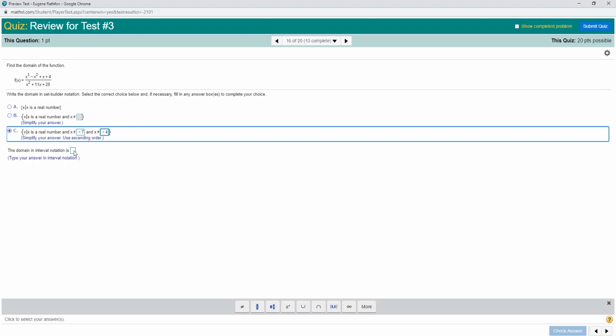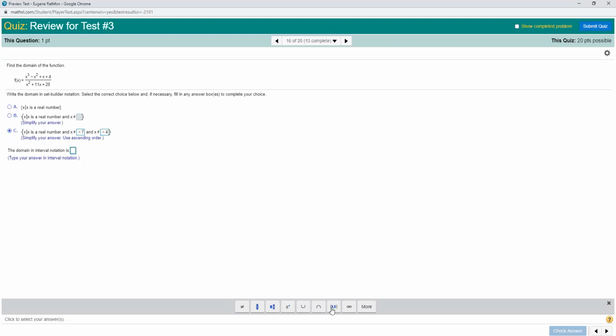Now, interval notation, I'm going to start with my parentheses. I start at negative infinity, so these will always start with negative infinity. So infinity's down here. And this one goes until you hit the first number, which is negative 7. Then arrow over, and then you union that one, next parentheses.